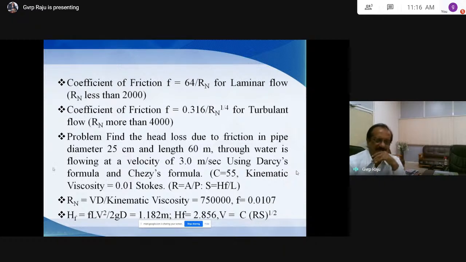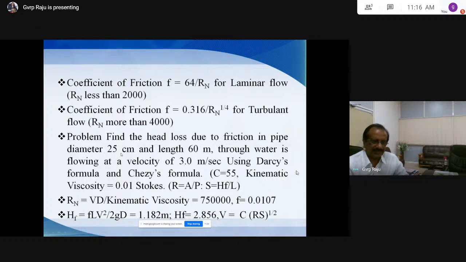Then we have the equation hf is equal to flv² by 2gd. f you have as 0.0107, and L is 60 meters, the length of the pipe. The velocity is 3 meters per second, by 2 into g, which is 9.81 meters per second square, and d is the diameter, 0.25 meters.